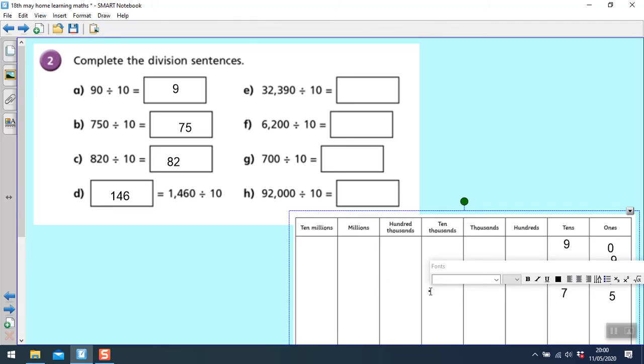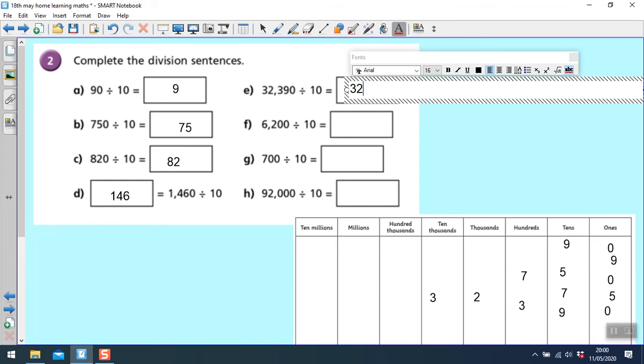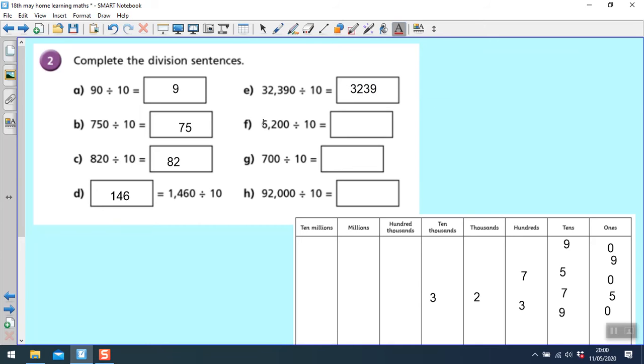32,390. My 3 tens of thousands is going to jump into my thousands column. So 3,239. 6,200, that's 6,000 is going to jump to the hundreds column.